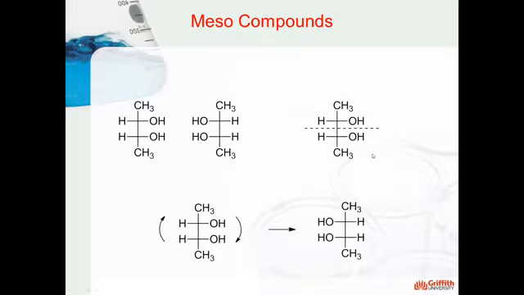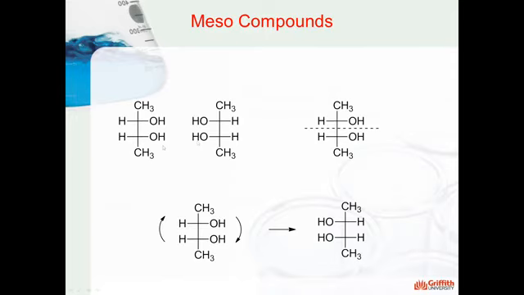So the result of that is if we were to take this structure, the top left one, and rotate everything 180 degrees, then the methyl group would go down to the bottom, the methyl group would go up to the top, so we've still got methyl groups at either end. The hydroxyl groups on the right, we rotate them around, we've got the hydroxyl groups on the left, which is then this structure here.